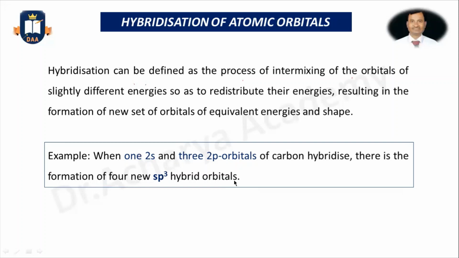Here we need to remember that the total number of atomic orbitals participating in this hybridization will be equal to the number of new hybrid orbitals. Here one 2s orbital and three 2p orbitals, so the total number of atomic orbitals participating is 4. So the total number of new sp3 hybrid orbitals is also 4.